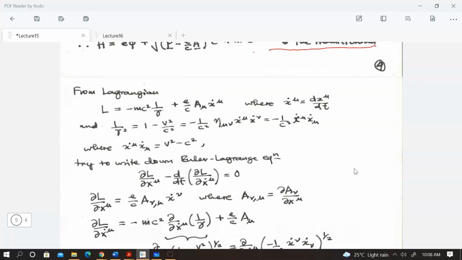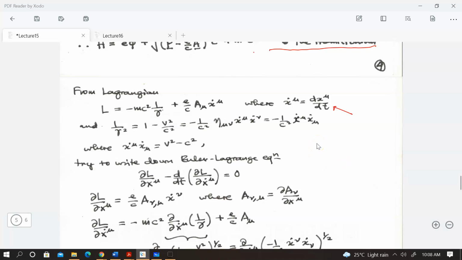Now let's write this Lagrangian in terms of this. So you have minus mc squared times 1 over gamma, which is your square root thing, and then your part that interacts with the electromagnetic field, with this four-dimensional velocity here, with respect to the proper time.